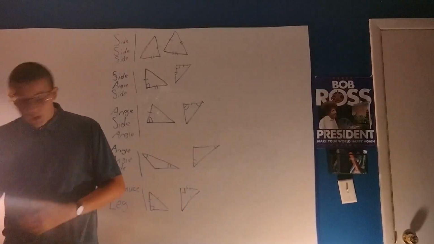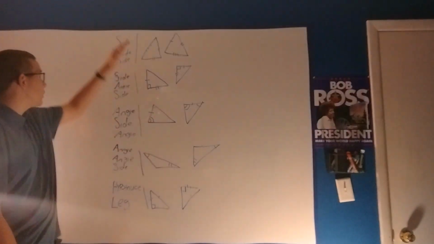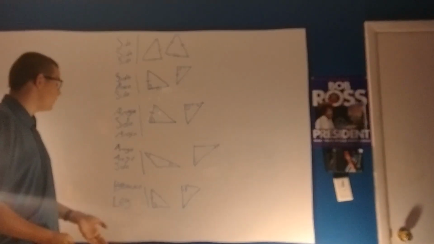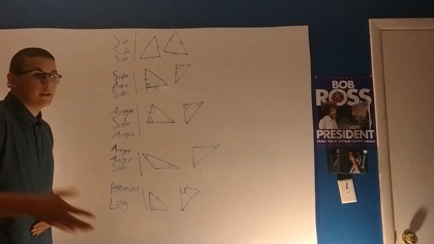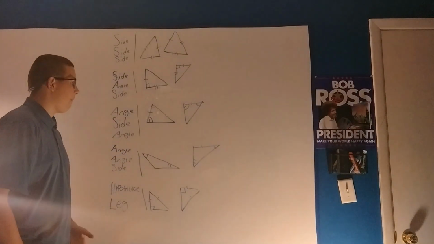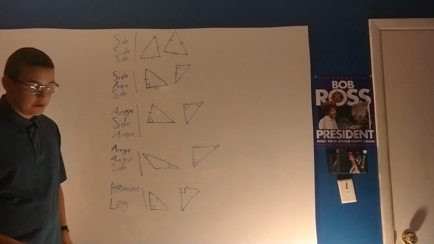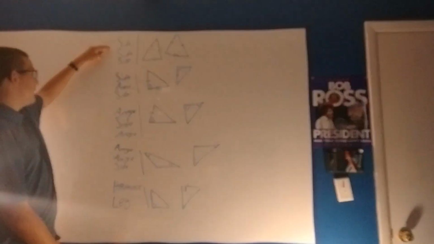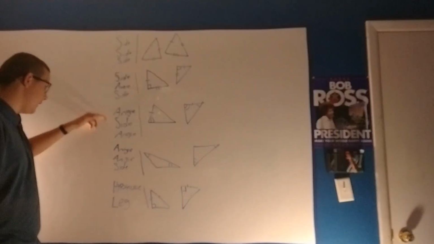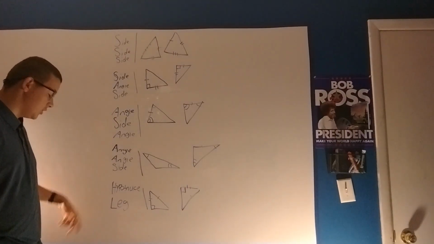Hopefully it's working now. Well, we just went over these triangle congruency theorems, and again, I would write this down in whatever way makes sense to you, because this stuff is going to be pretty important. You're going to have to memorize SSS, SAS, ASA, AAS, and HL.